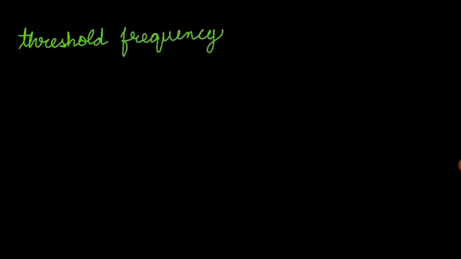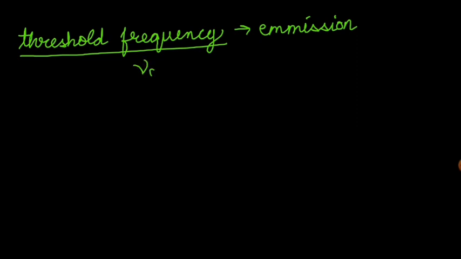But we already know the meaning of threshold frequency. The threshold frequency is the minimum frequency which is required for any electron to get emitted. Means for the emission, we require at least this much threshold frequency, which is represented as nu naught.